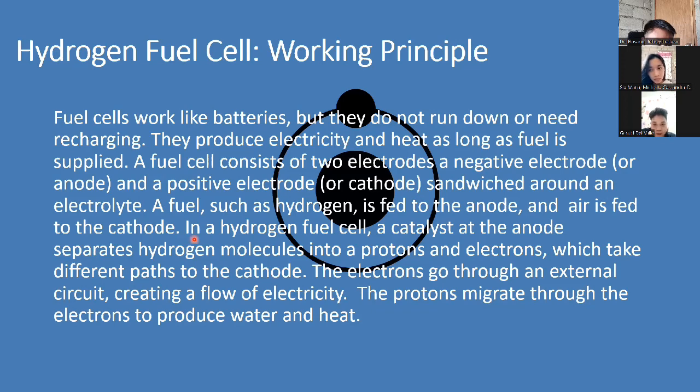In a hydrogen fuel cell, catalysts at the anode separate hydrogen molecules into protons and electrons, which take different paths to the cathode. The electrons go through an electric circuit, creating the flow of electricity, while protons migrate through the electrolyte to combine with oxygen and electrons to produce water and heat.